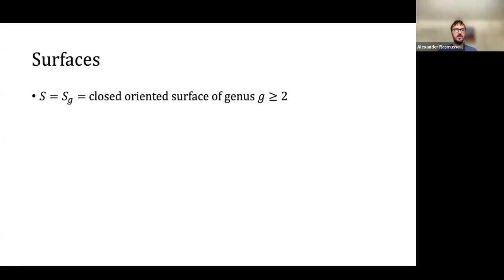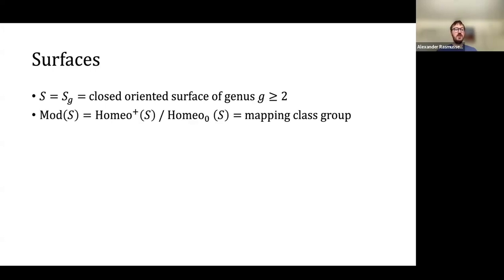Okay, so we need to talk about surfaces now, and mapping class groups and curve graphs. I'm going to take S to be a closed oriented surface of genus at least 2. We could allow the surface to have punctures throughout the talk, but that'll just make statements slightly more annoying, so I'm just going to take the surface to be closed. Then we have some objects associated to the surface.